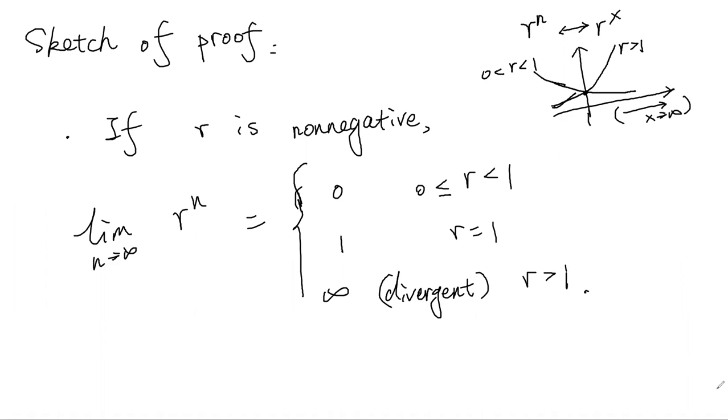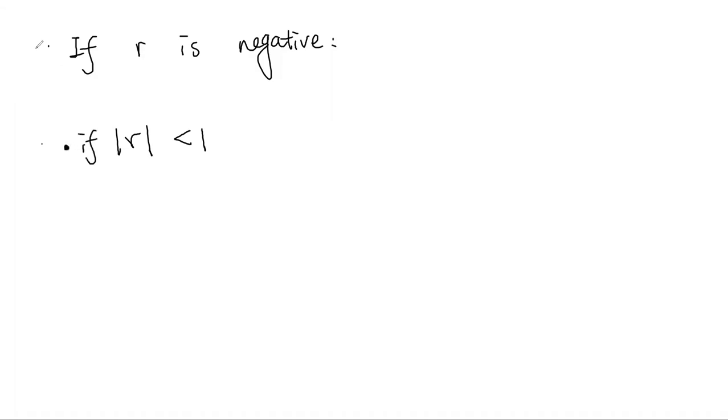If r is a negative number, then if the absolute value of r is less than 1, the absolute value of r to the n goes to 0 as n approaches infinity.